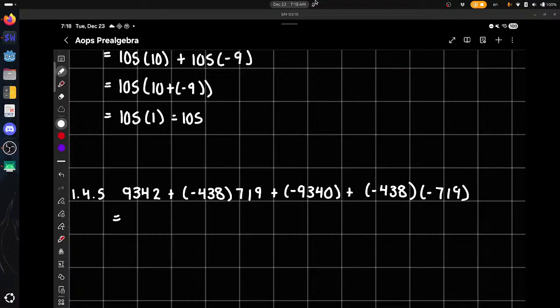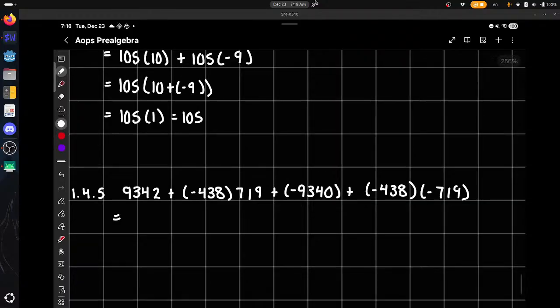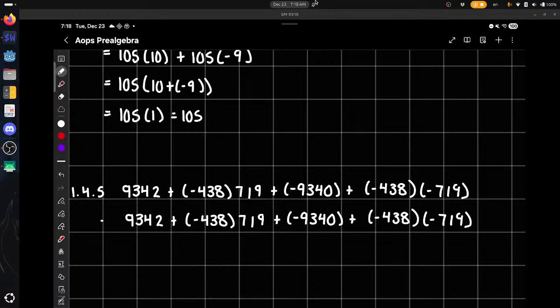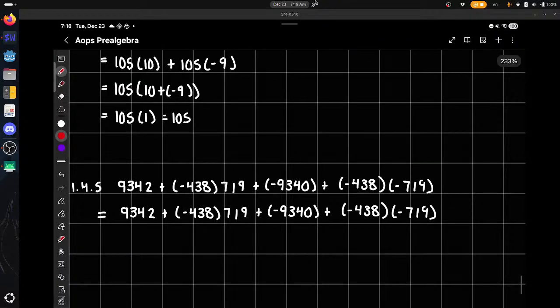I think I see the answer, but I want to make the steps clear. This is just positive.